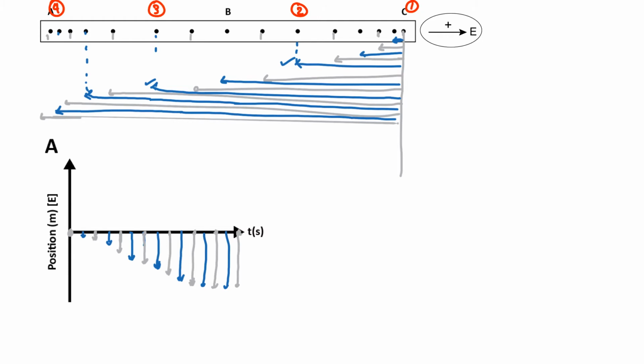And then we plot this. We see that initially it kind of starts to speed up, and then for a while it goes at a constant speed, and then it starts to slow down. And you can see that curve.